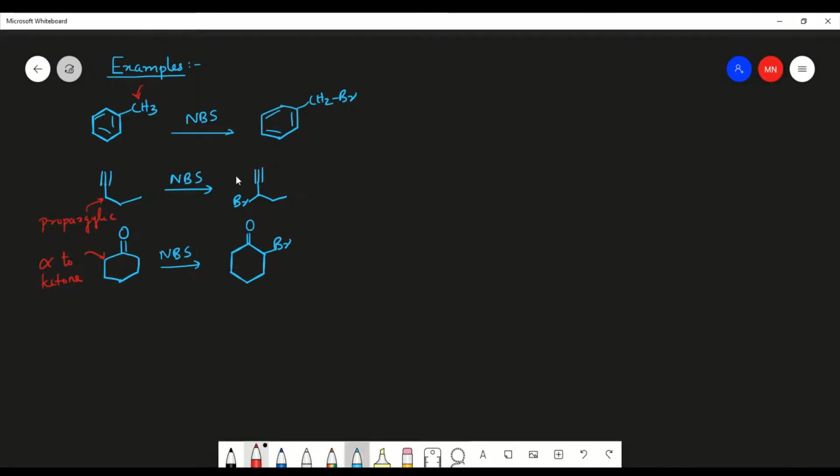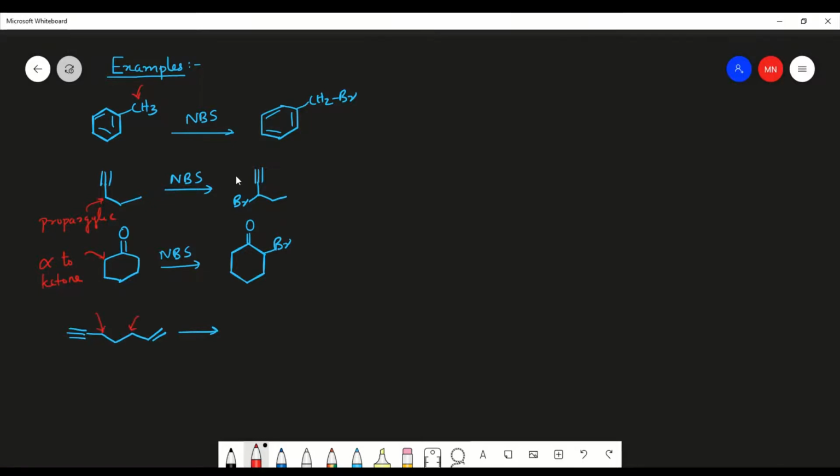Now if you are comparing the positions, like if you have a compound in which you are having a double bond and a triple bond, that means a propargylic position as well as an allylic position. So this position is prone to bromination as well as this position.